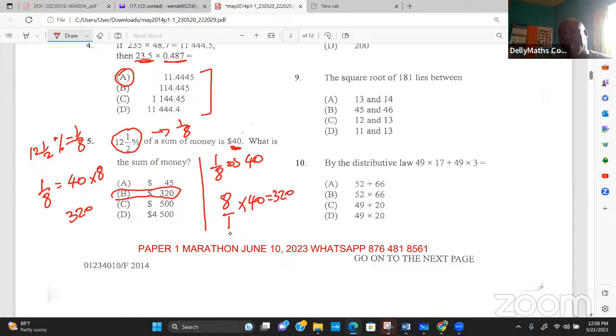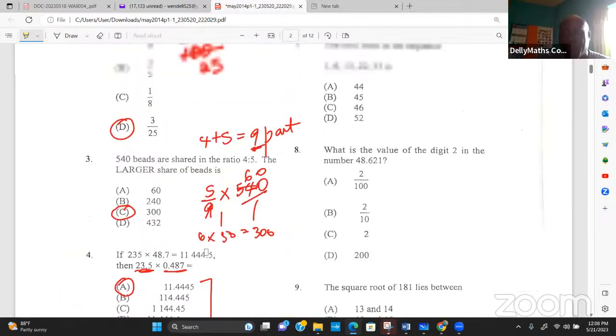As we go through, you'll see more things. If I know the fraction of a thing and I want to find the total, all I have to do is reciprocate the fraction and multiply it back by whatever I got, and it will take me to the total. There is another way that you could do it too, using algebra, but it's longer, so I'm not going there since it's a multiple choice.